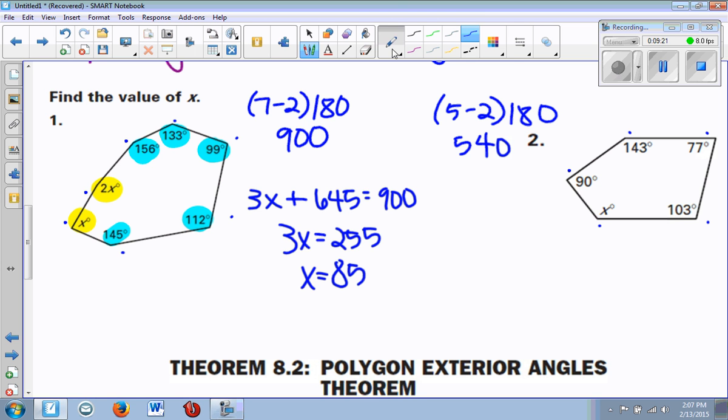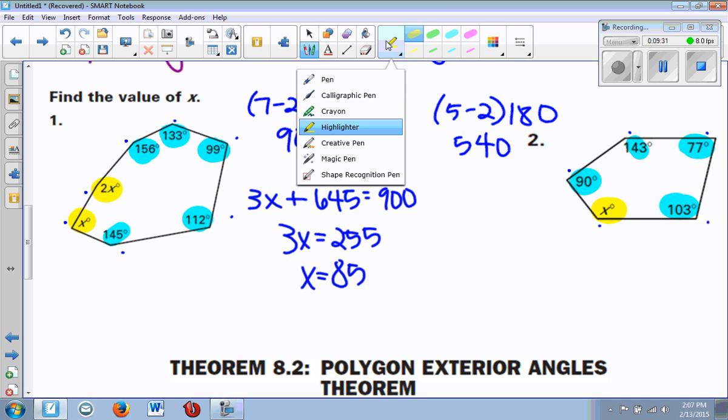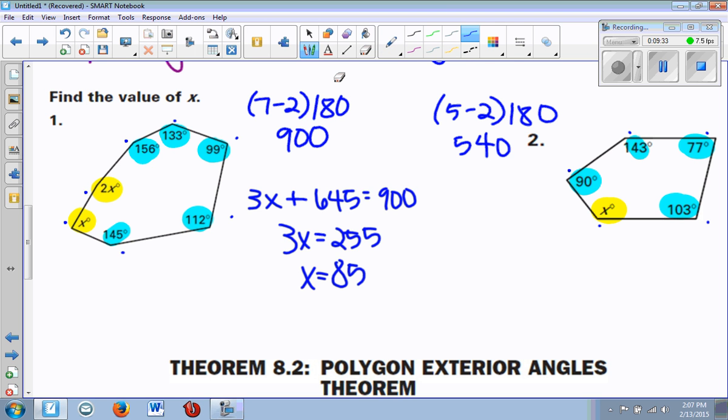In this picture, 4 are labeled with numbers and 1 is labeled with a variable. So if I write my equation, x plus 413 should equal 540 degrees. This is a very simple equation to solve because all I have to do is subtract the 413 from both sides, and x comes out 127.